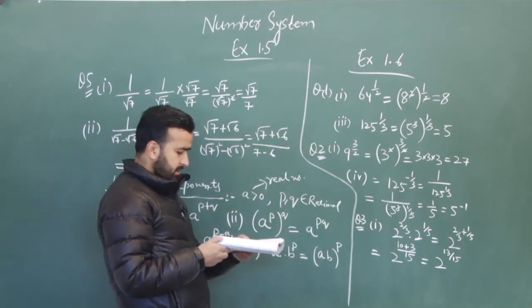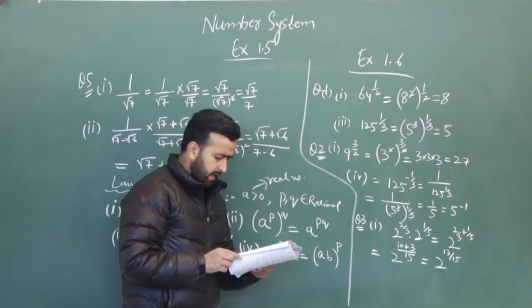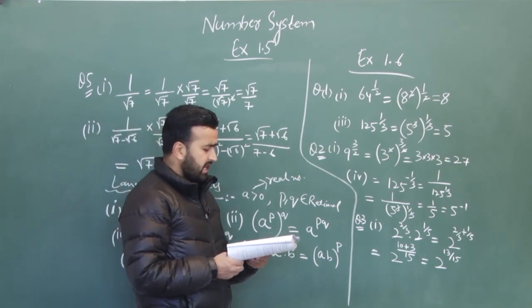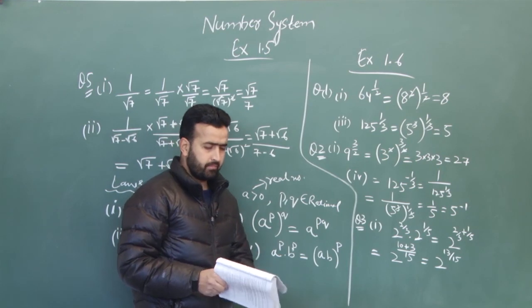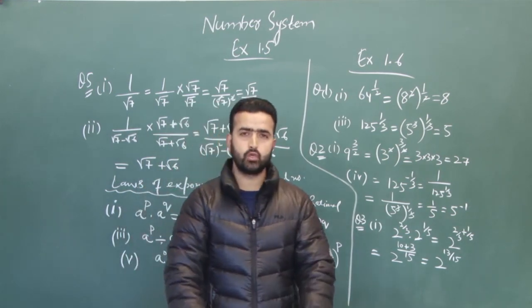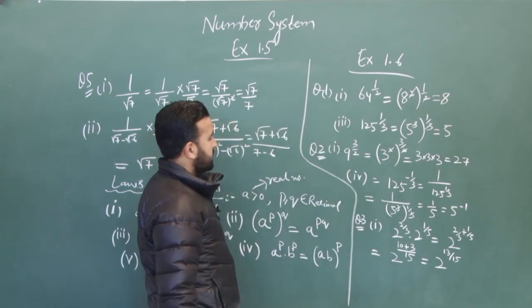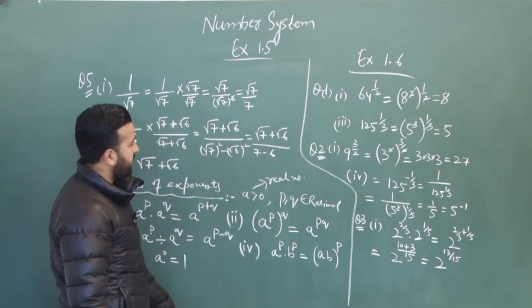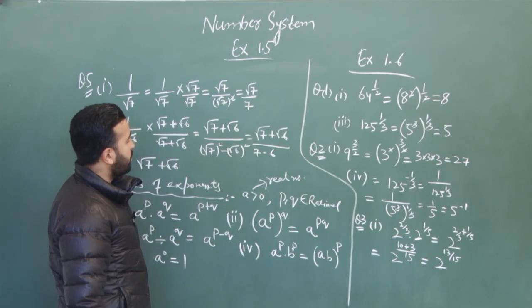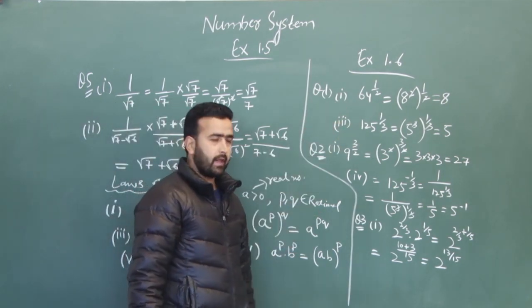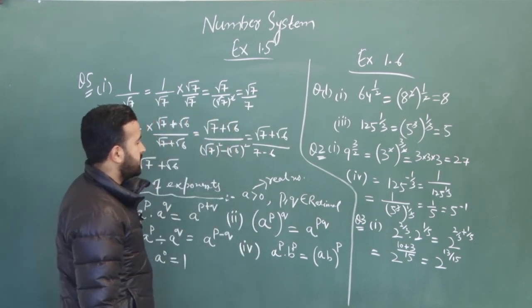In this way, there are some other examples which you can solve on your own, and you can try some other examples from other reference books as well to clear the concept. That will give us a much better idea about how to use the laws of exponents on the different numerical examples that are asked.